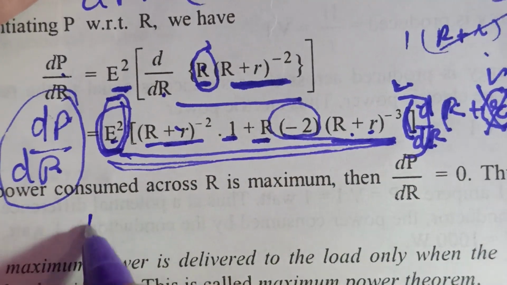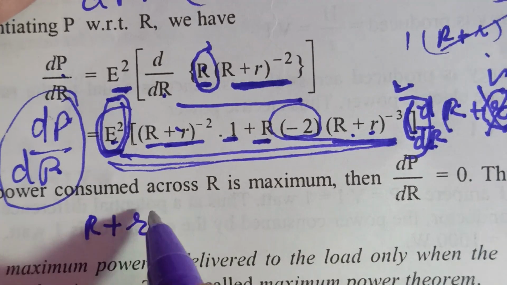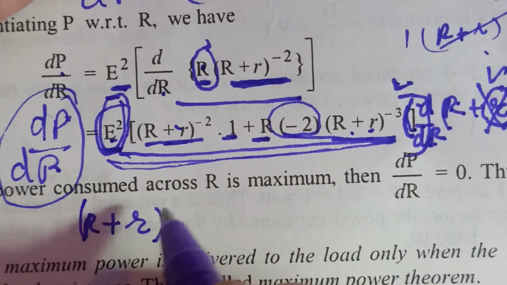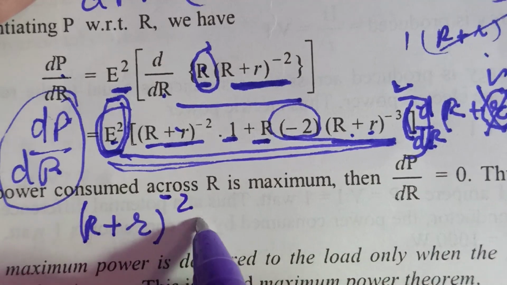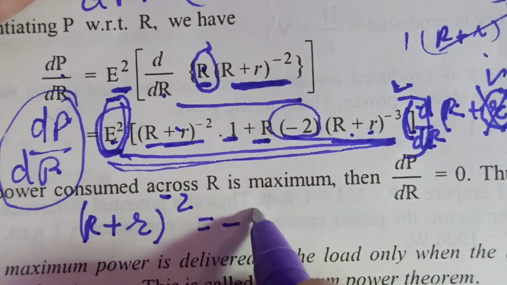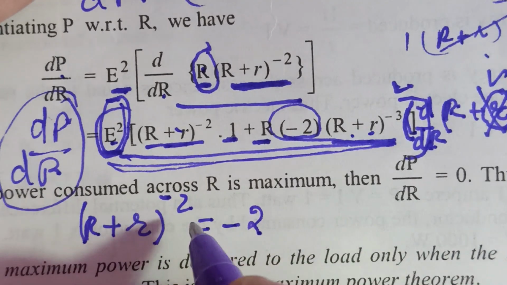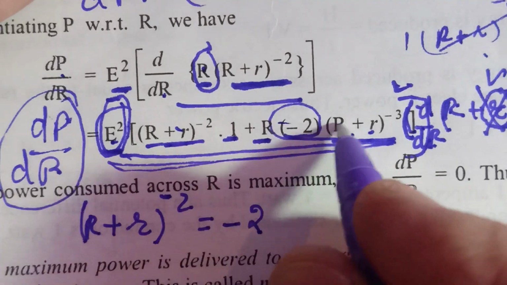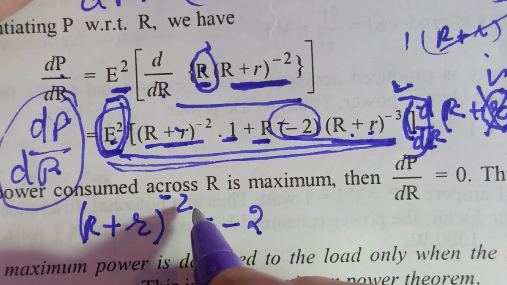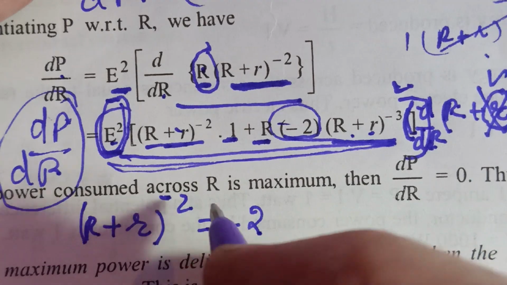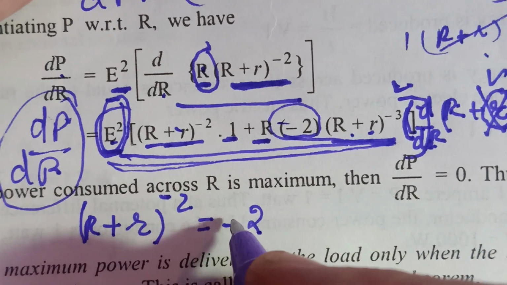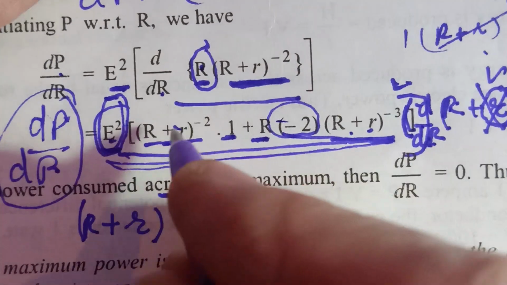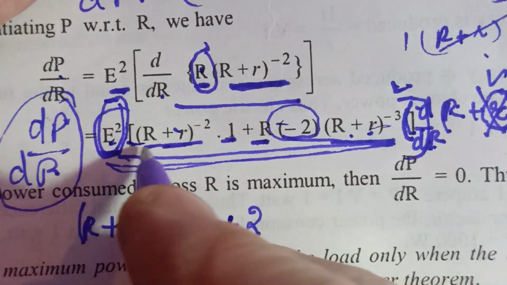This is (capital R plus small r) raised to power minus 2 times ... equals 0, so the minus 2 becomes plus 2 because I set this equal to 0.